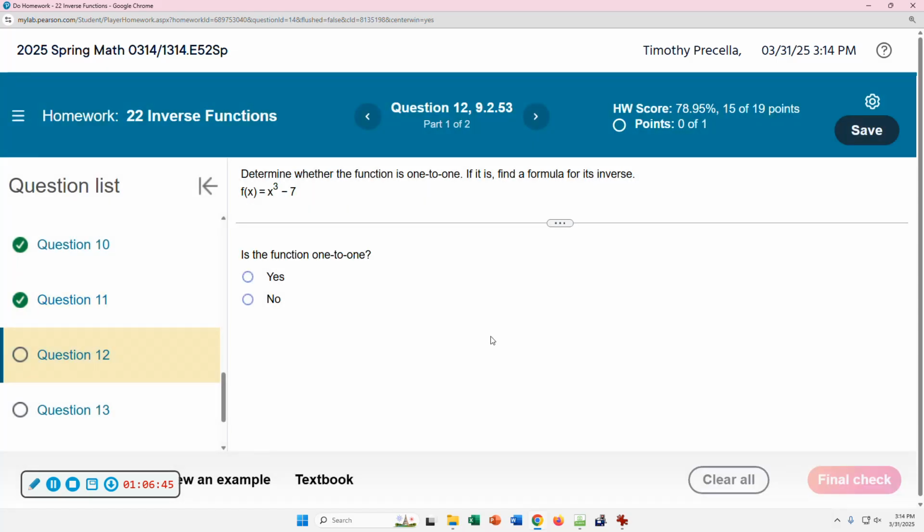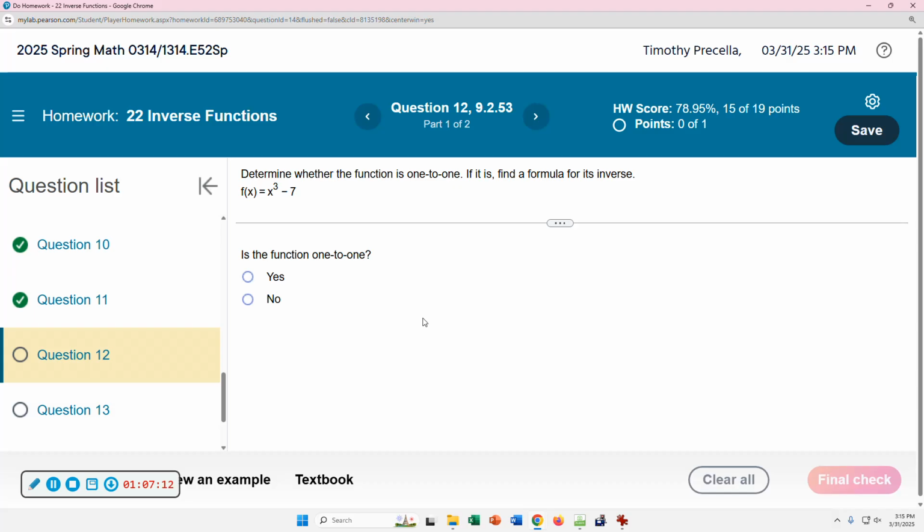Well, the plus side is that there's no fractions here. f of x is equal to x cubed minus 7. Determine whether the function is 1-to-1. If it is, find its inverse. I remember one semester a student saying, with such great confidence, it is not 1-to-1 because there's an exponent.